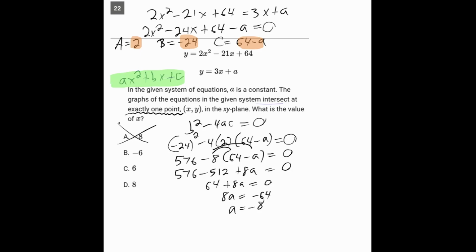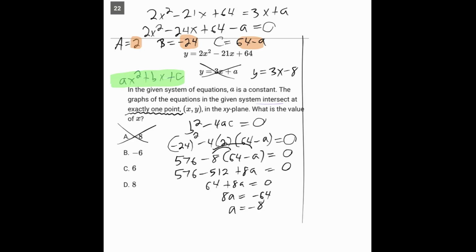The question was asking us for the value of x. So that means that we can maybe go into here and say, well, if a is negative 8, then this was y equals 3x minus 8. And now we'll actually find the intersection now that we have an answer for a. So once again, for intersections, you set them equal.